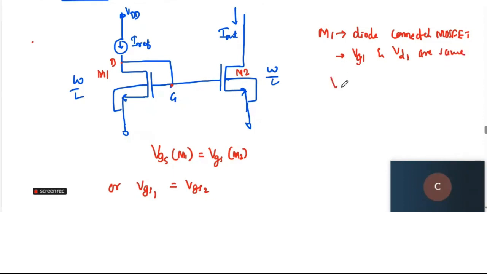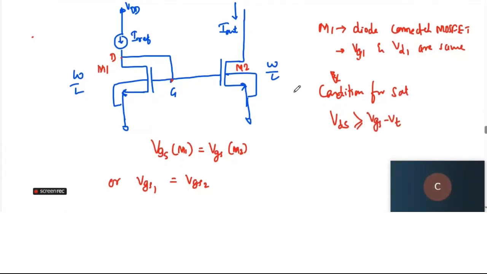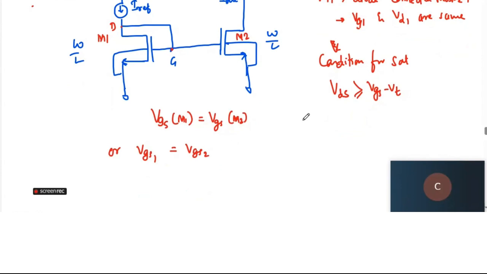If that is the case, then let's understand the condition for saturation region. What is that? VDS should be greater than or equal to VGS minus VT. Now let us consider that M1 and M2 have the same parameters.